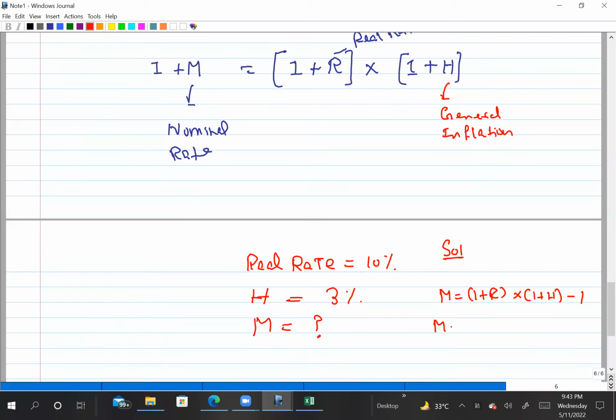So M will be equal to 1.1, 1 plus 10%, into 1.03, 1 plus 3%, minus 1.